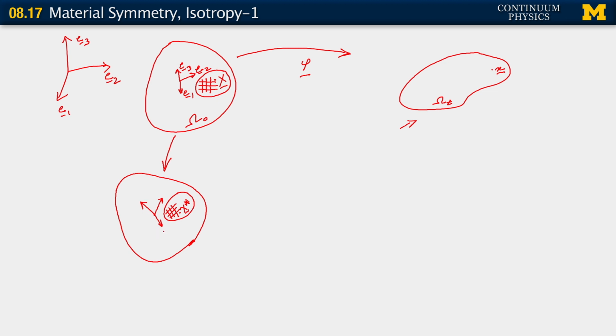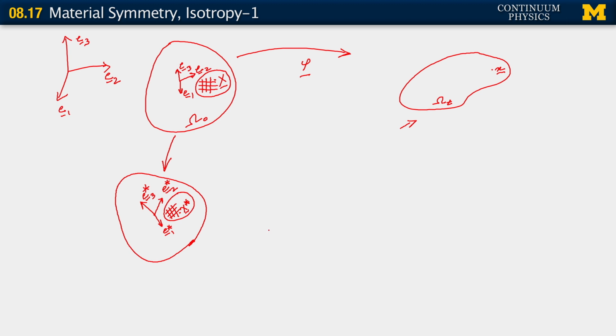Okay, and let's denote these new basis vectors: E1 star, E2 star, E3 star. All right, let's describe this new position, right?